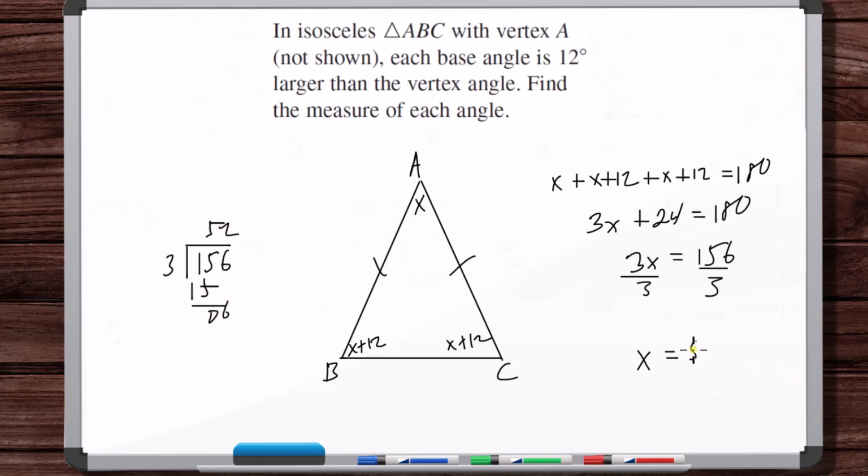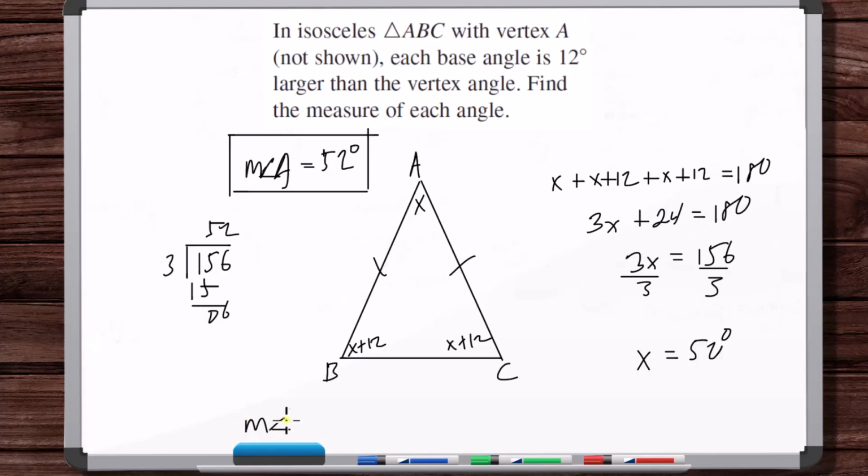So x is 52 degrees. So the measure of angle A, the vertex angle, is 52 degrees, but each base angle is 12 degrees more than that. So the measure of angle B is equal to the measure of angle C, which is 64 degrees.